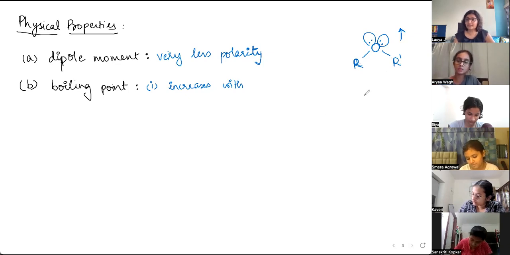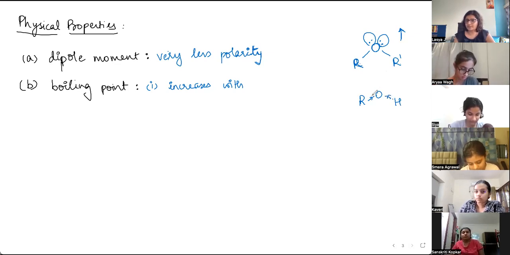But alcohol, when it comes to alcohol, it is unsymmetrical. Here the carbon-oxygen bond pulls, and oxygen has hydrogen, which along with the dipole moment coming out of this, you also have hydrogen bonding involved.